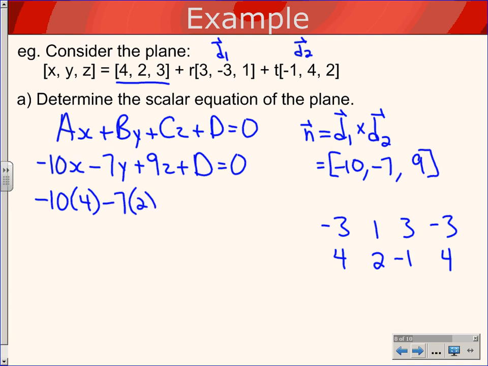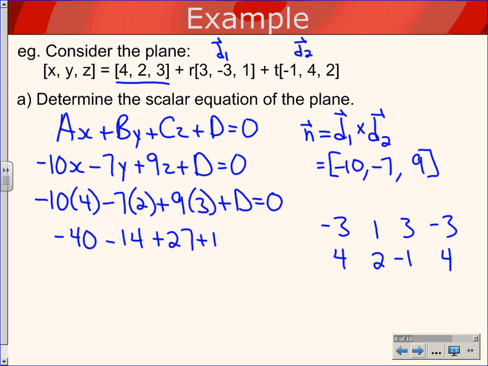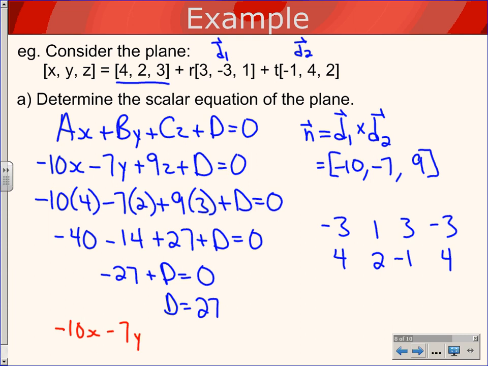So d is just 27. So our equation is minus 10x minus 7y plus 9z plus 27 equals 0. Or equivalently, if you wanted to, and it's not a terrible idea, you could just change the sign on everything. It's not really that necessary here, but often you'll see it with the x value written as positive. So if you see that, sometimes we'll make that little change.